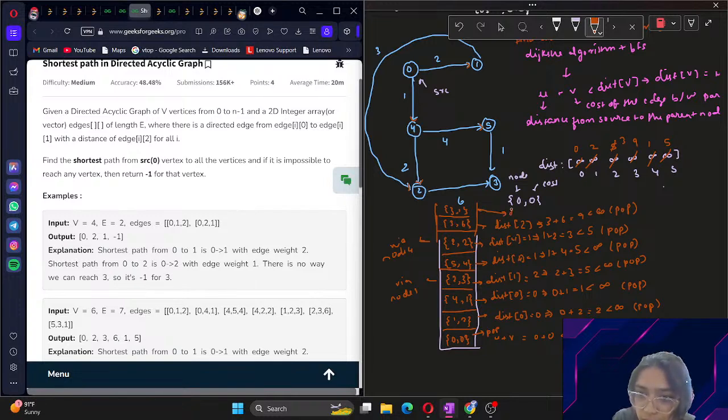Here, the distance till the parent node, which is 5, is 5. That implies 5 plus 1 is gonna be 6, which is less than 9. So we are gonna update the value of 3 to 6.